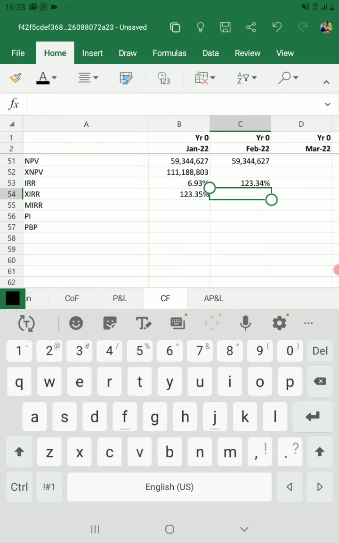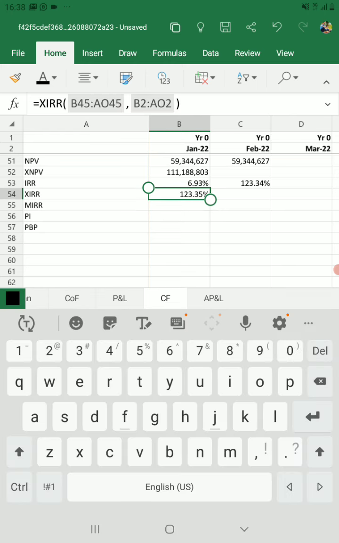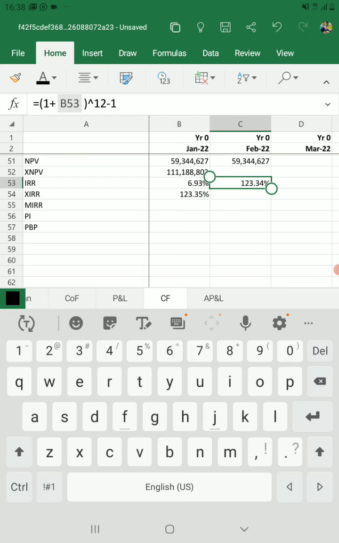So you see they are almost the same, but of course XIRR is a bit greater than IRR, because IRR assumes that the cash flows occur at the end of the period. In this case, monthly periods.